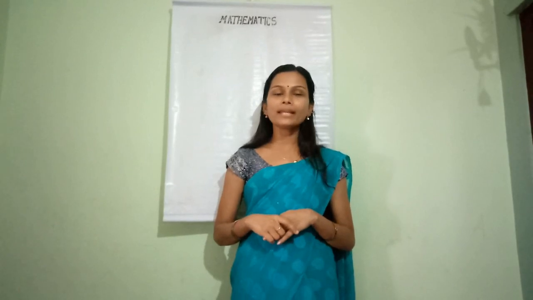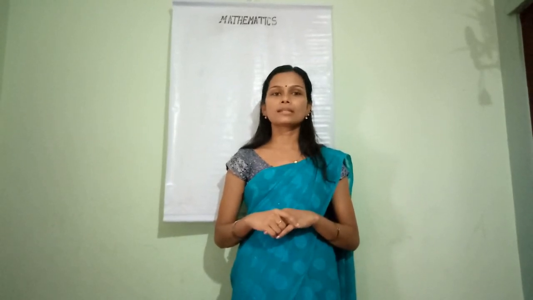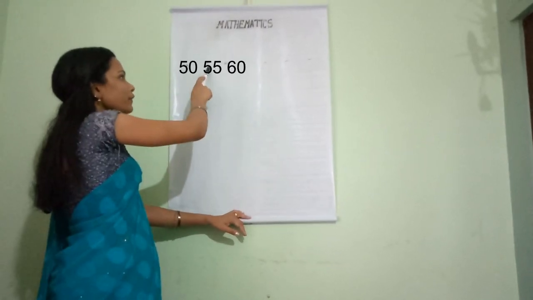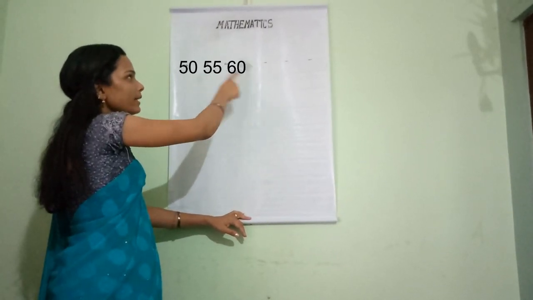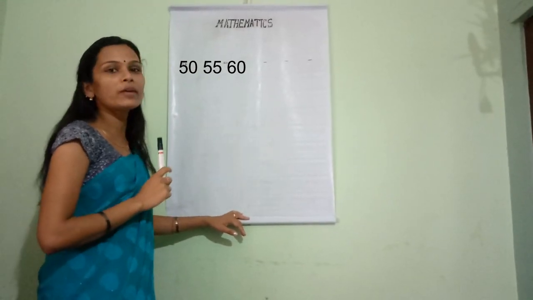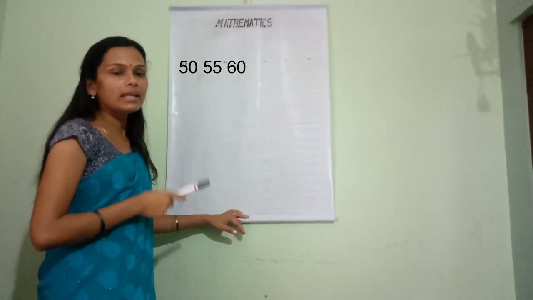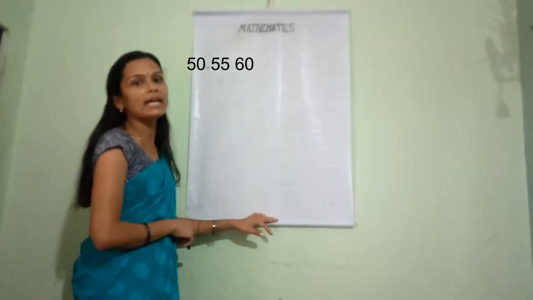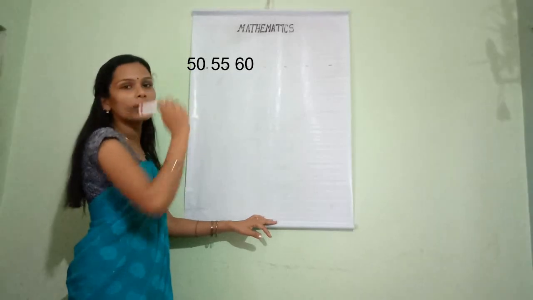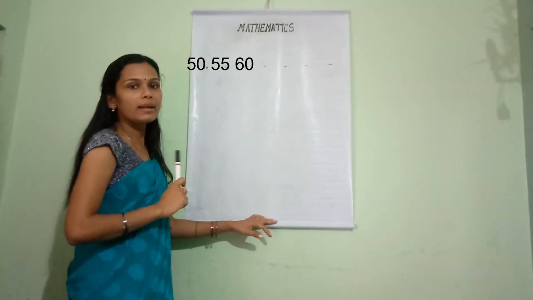Now let us complete the number sequences. The number sequence is 50, 55, 60. We have to complete this number sequence. If we observe the 3 given numbers, we can see the given numbers are in an order. So, with the same order, we have to complete the number sequence.